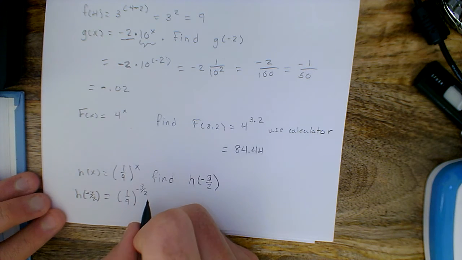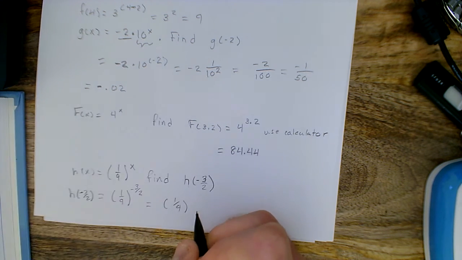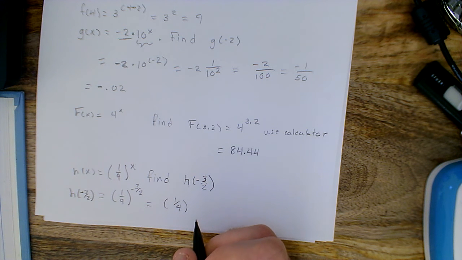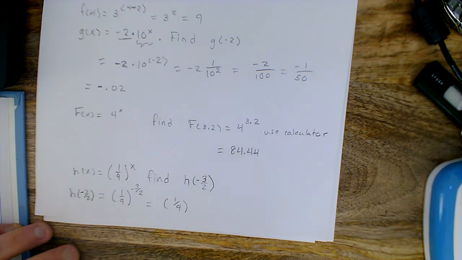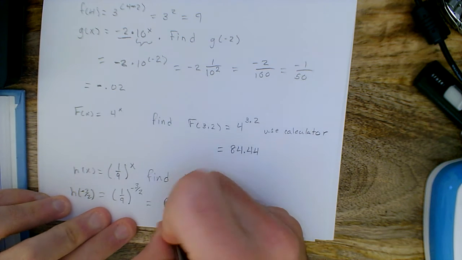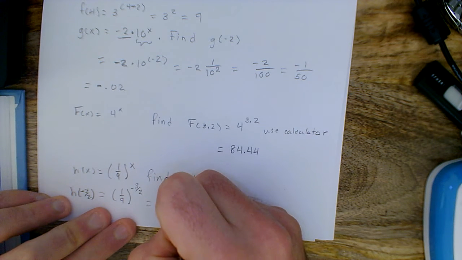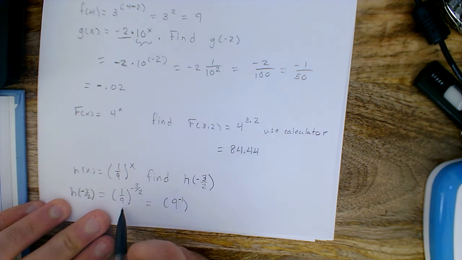So remember, first we can rewrite 1 over 9 as 9 to the negative 1 power, because by definition that's just 1 over 9 to the first power.